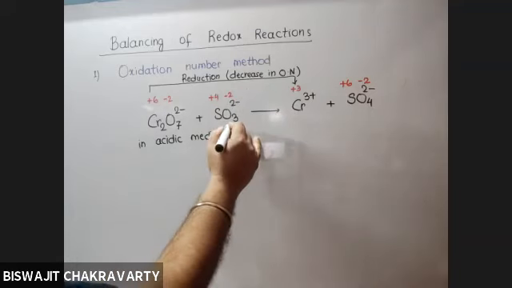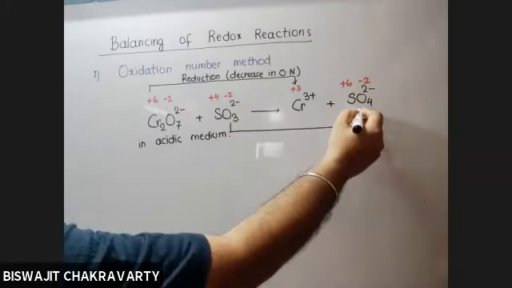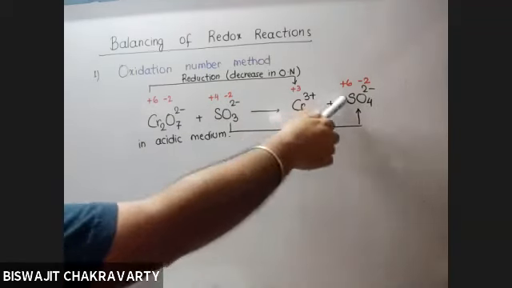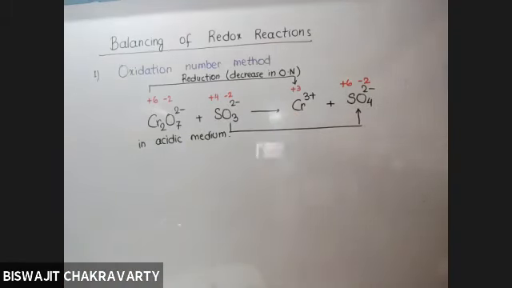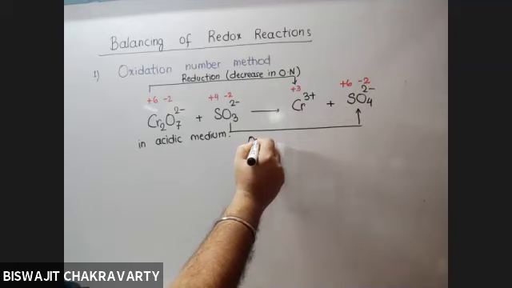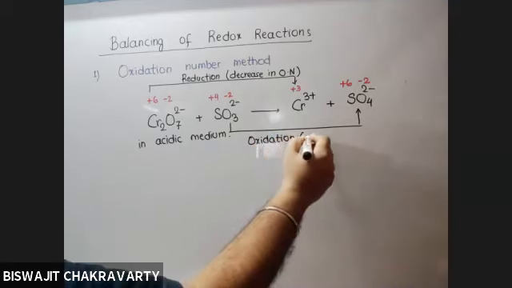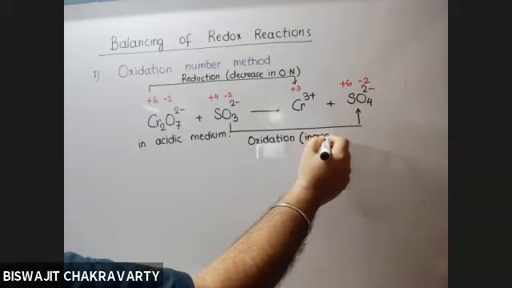And sulfite is changing to sulfate, in which sulfur is undergoing change from +4 to +6. So what should you write? Oxidation. So it is oxidation, an increase in oxidation number.